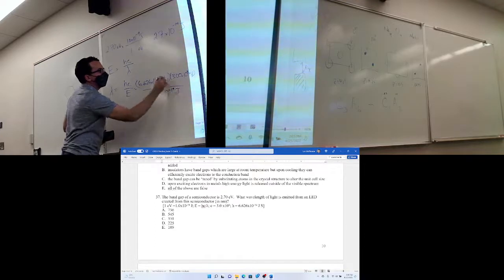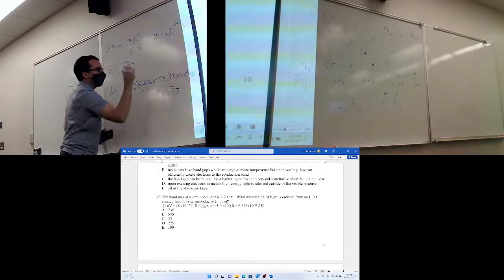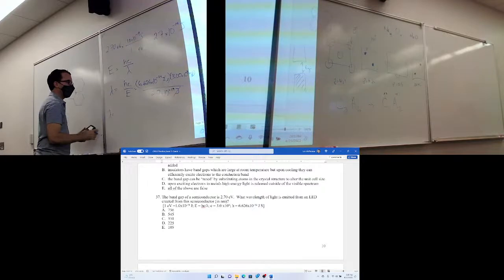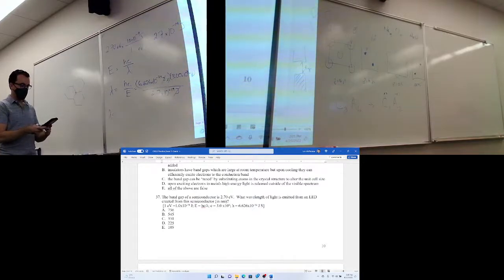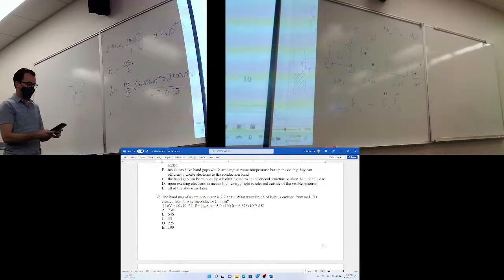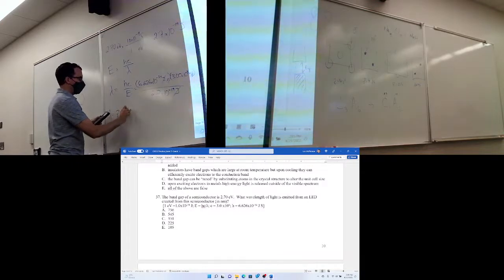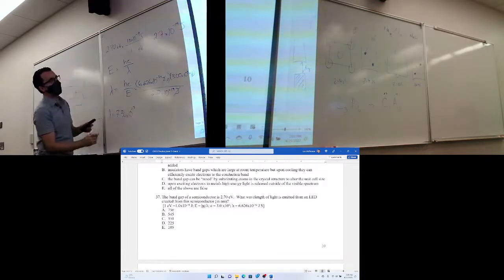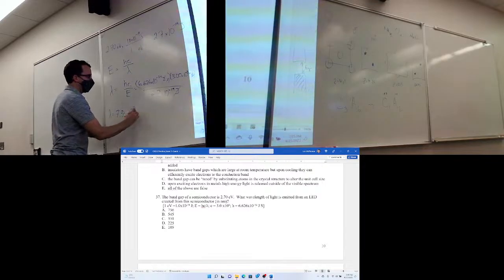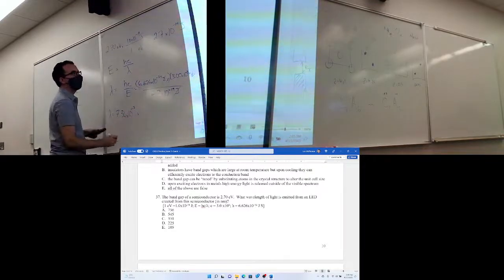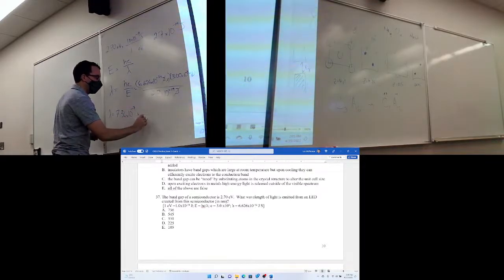So joules go, seconds go, and we're left with meters, which is going to be 7.36 times 10 to the minus 7.